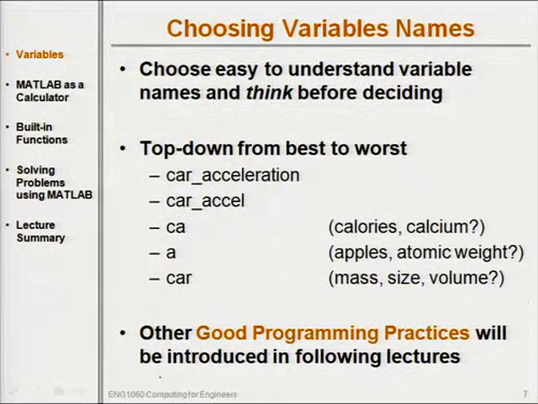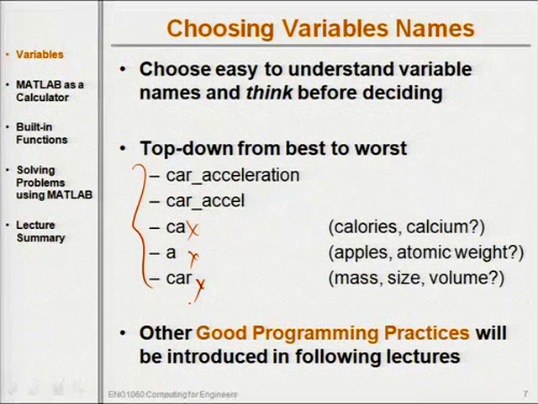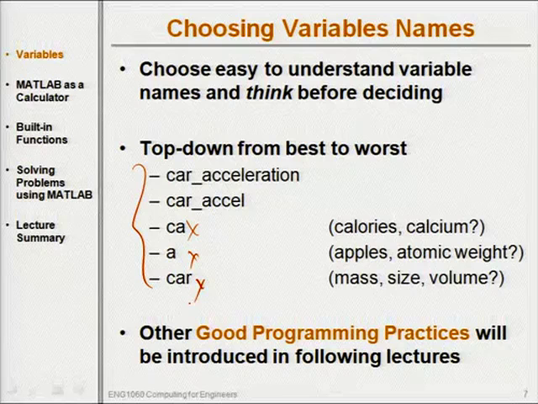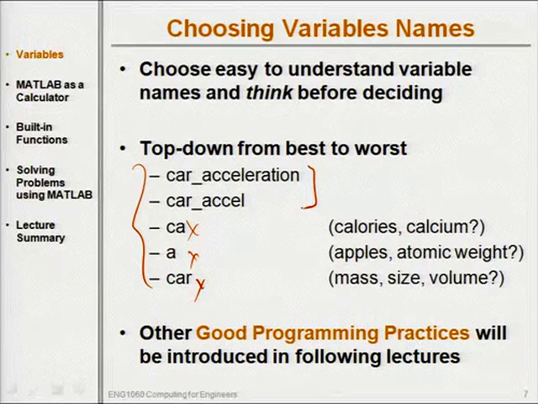So for example, if we're using a variable name to describe the car acceleration, out of all those, we can discard the last 3. They really don't mean much. However, the first 2 are okay to use. The first one is basically for a newbie, so anybody who has no idea what acceleration is, then car underscore acceleration will make sense to them.